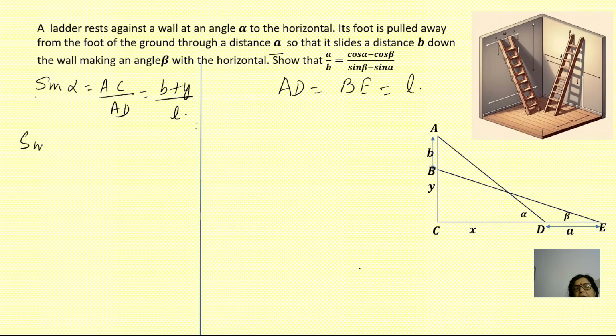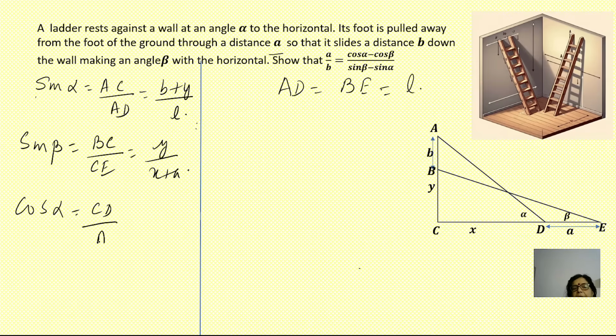Then sin beta. Sin beta will be equal to BC upon CE. So this is equal to Y upon X plus A. Then we have cos alpha. Cos alpha we will take from the triangle ACD, that is equal to CD upon AD.